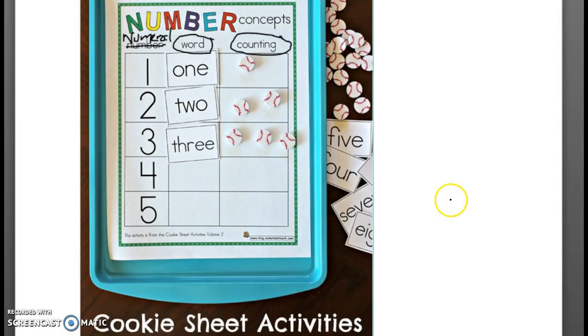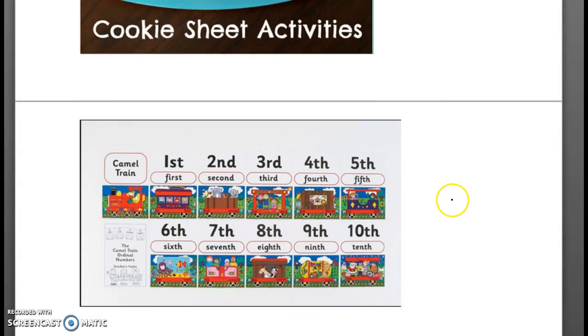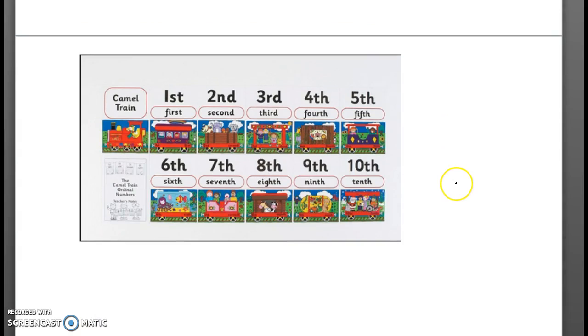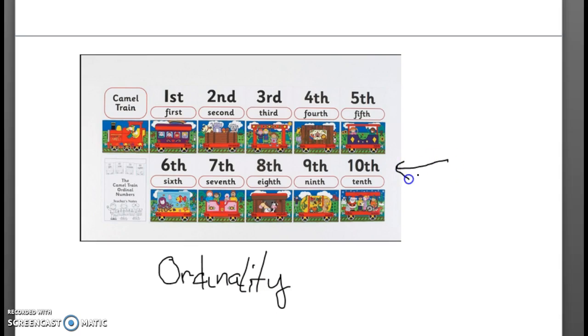All right, one more use of numbers can be seen in this cute little picture here, and that is ordinality. So ordinal numbers are these numbers that we're seeing here. It's not too hard to remember. They talk about the order that you're in.